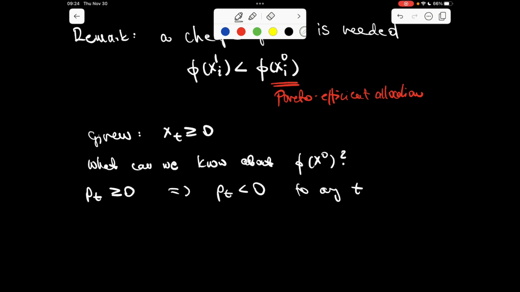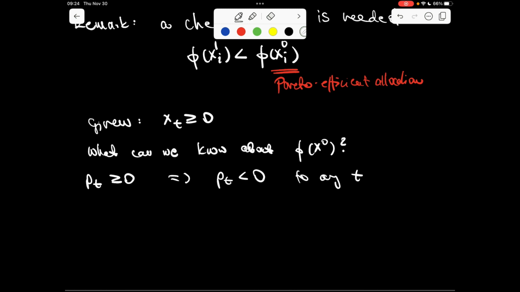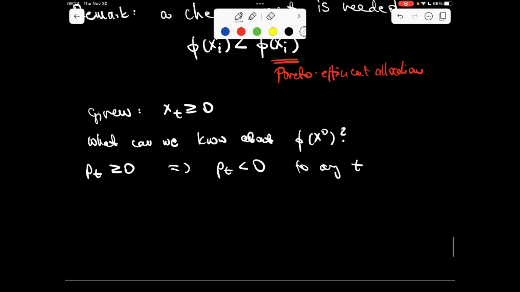In short, according to theorem 15.4, a consumption path with higher utility would be cheaper if we had a negative price to any p_i.